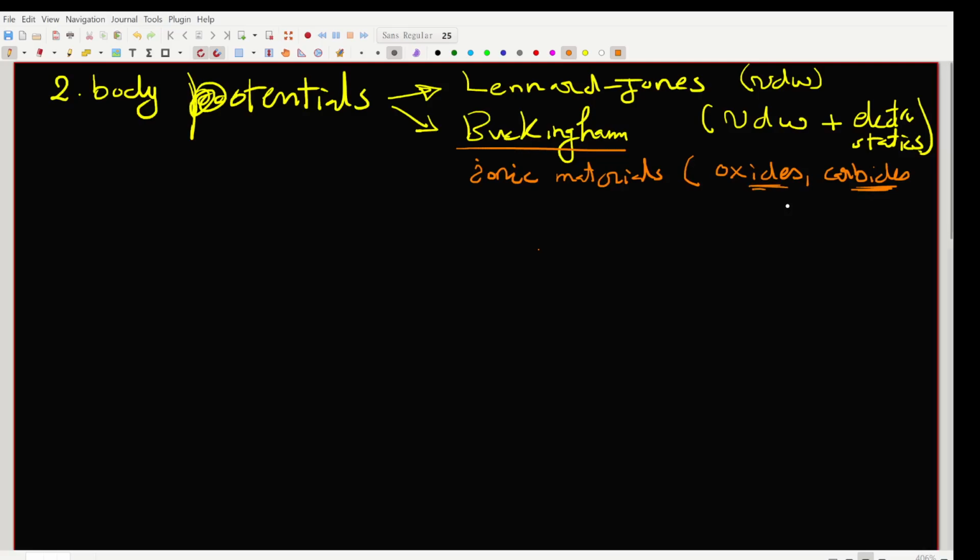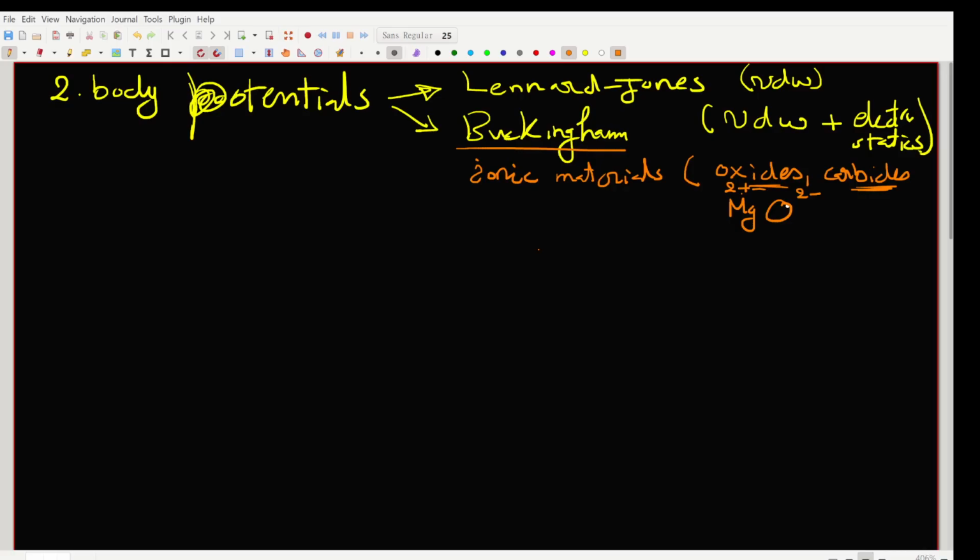But let's say oxides, they are genuinely ionic materials, and as such, it would be successful in describing such materials. So for example, this could describe magnesium oxide, where formally in magnesium oxide, magnesium cations are +2, and the oxide ion is 2-.